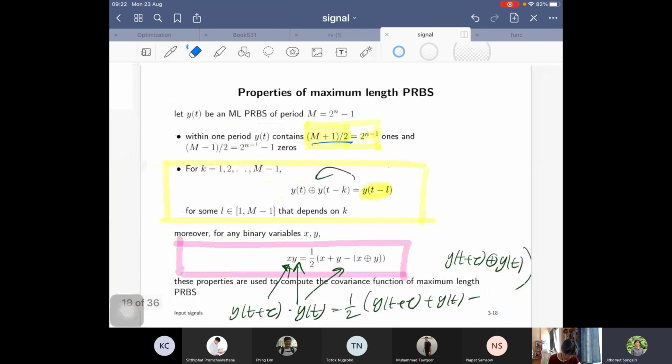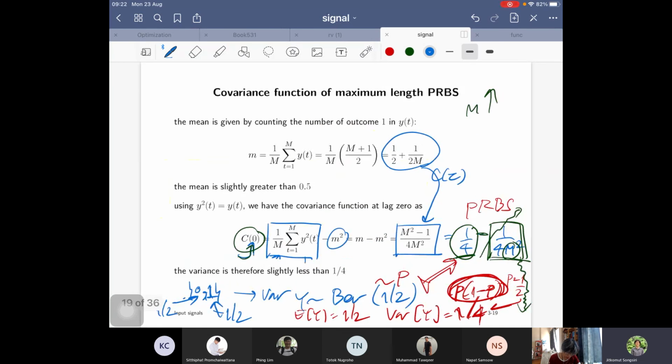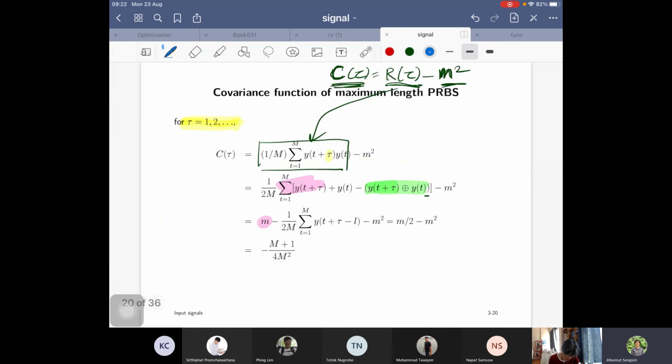the second property, that the modulo 2 of yt at different times can be expressed by y at other times. So that's why we can represent it like this. Then we just do the same. It's just yt plus other time indices.